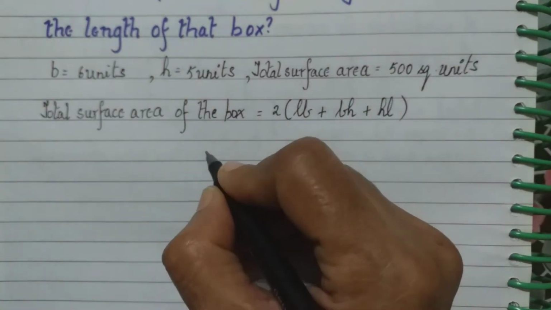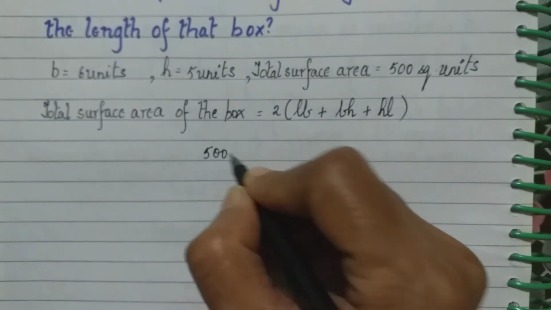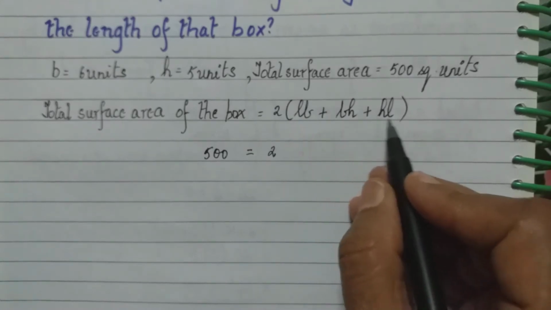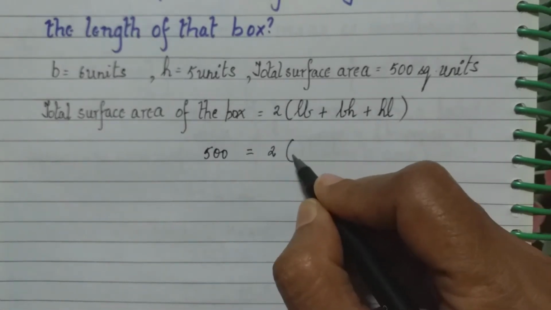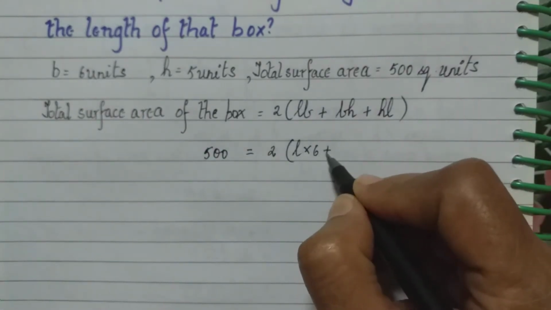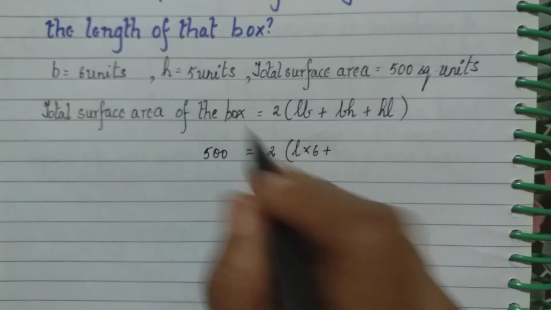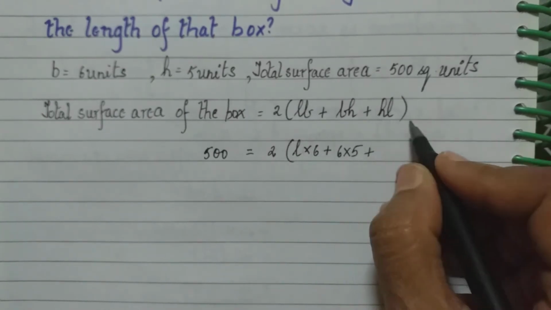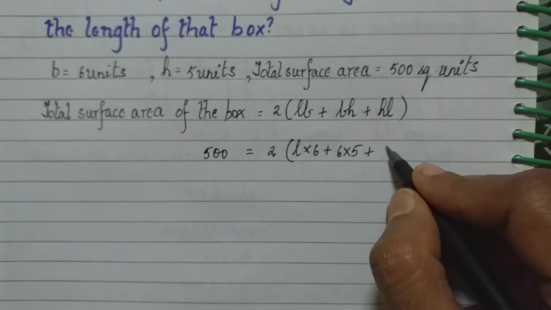So below this we write 500 is equal to 2. Now L we do not know. L will be written as it is. So L into B here is 6 plus B into H, 6 into 5, plus H into L, that is 5 into L.